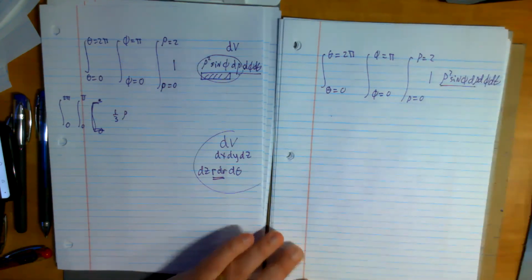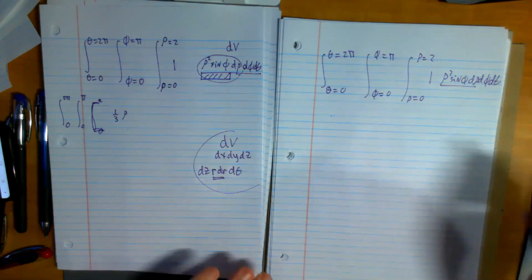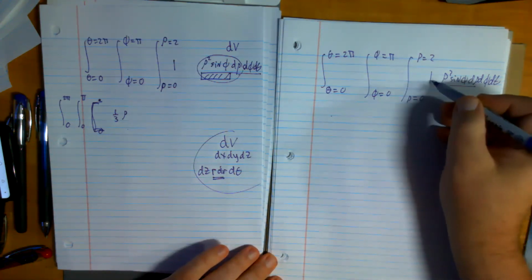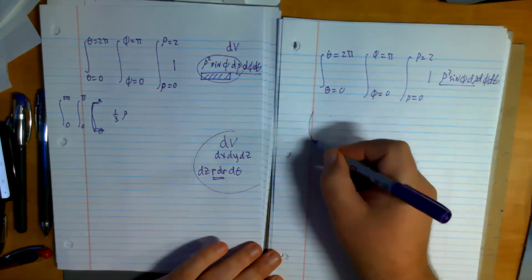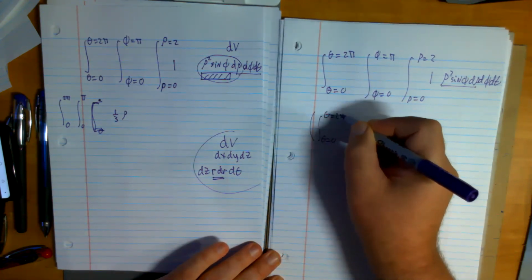Do you notice that this is variable separable? My brain just wasn't focusing well enough. There isn't any thetas, at least, because that was a 1. So won't the theta just be 0 to 2 pi of a 1?